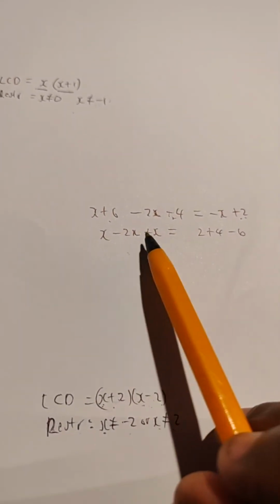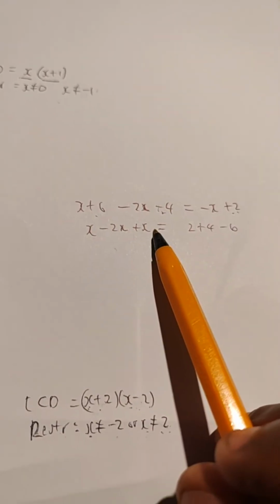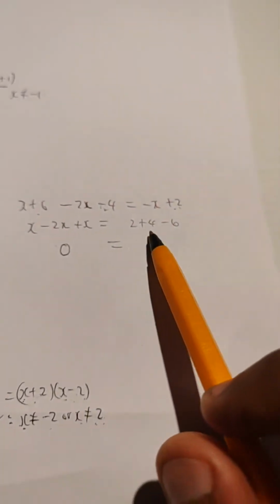Then x plus x is 0. Sorry, no, x plus x is 2x. 2x minus 2x gives us 0, which is equal to 2 plus 4 is 6. 6 minus 6 is 0.